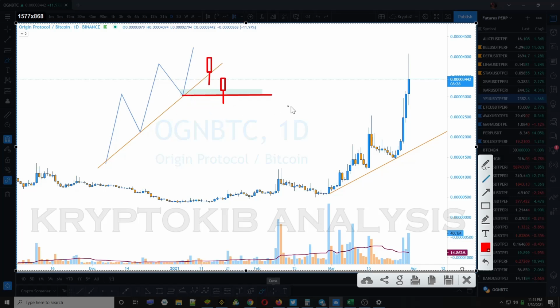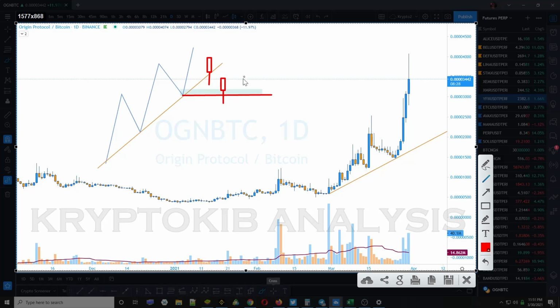I won't be paying too much emphasis to the support and resistance, but take this level of invalidation as your support. So whatever I talk about this level is valid for support and resistance as well. So these kinds of moves do happen a lot in the market. Whereas you get price coming down, then wicking below this particular trend line and closing above it, or wicking below this threshold low and closing above it.